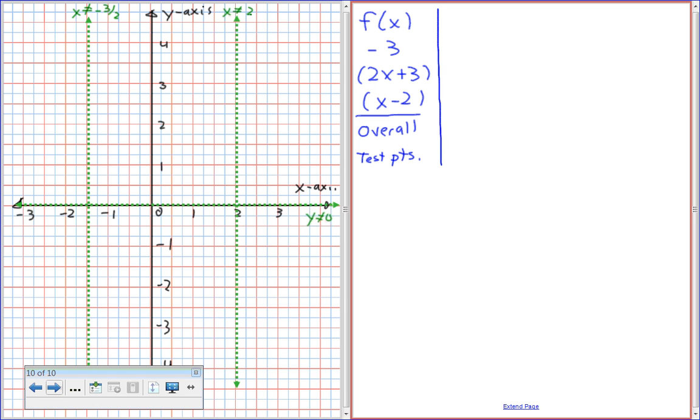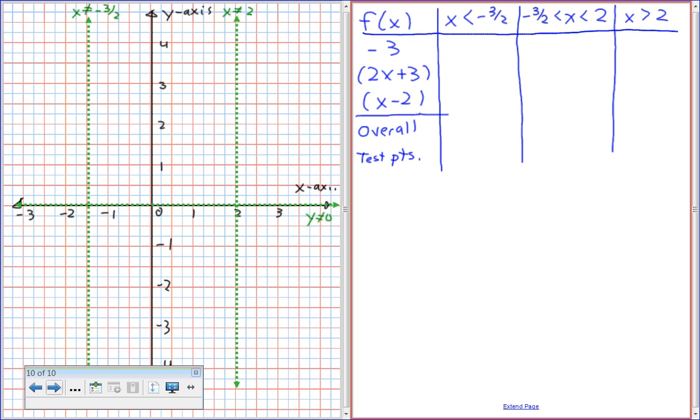So x is less than negative 1.5, then negative 1.5 is less than x less than 2. And then x is greater than 2. Good. I think you got your less than and greater than mixed up when you said them, but I knew what you meant. So that's very good.